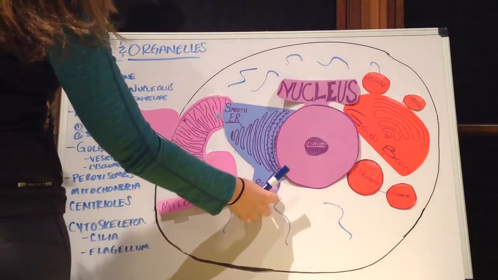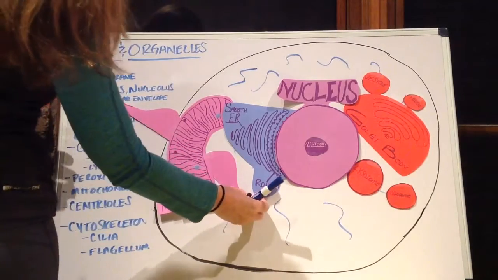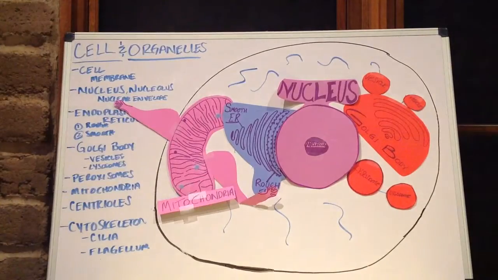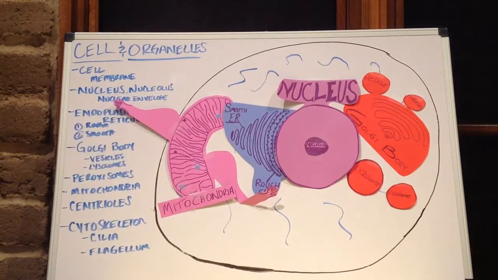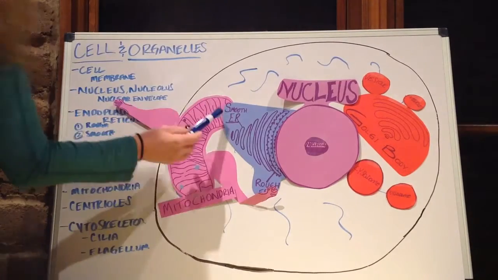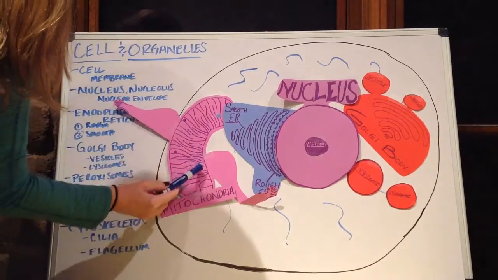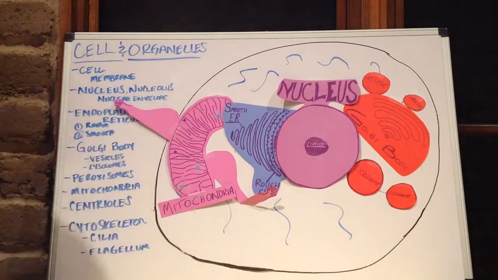I kind of put some big strong arms on him to represent the strength of him in the cell. The mitochondria has his own set of DNA and own ribosomes. So you can see the ribosomes in there.